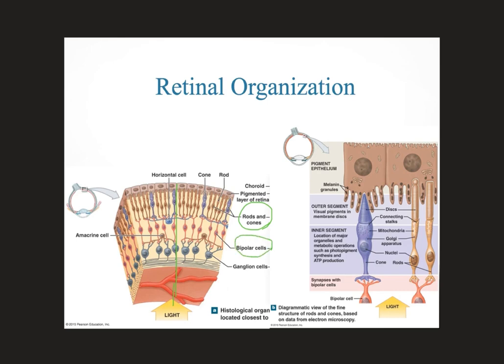We have the bipolar cells and the amacrine cells present over here, but the one that I want you to know and remember is the last cell, which is your ganglion cells, which is actually the one that's going to come together and exit to form your optic nerve. And this is all that we need to know for the eyes right now.